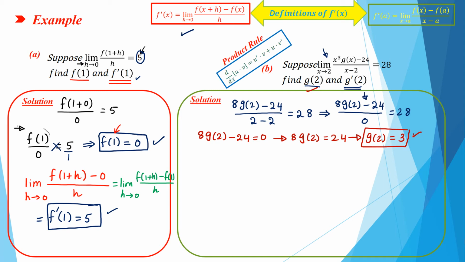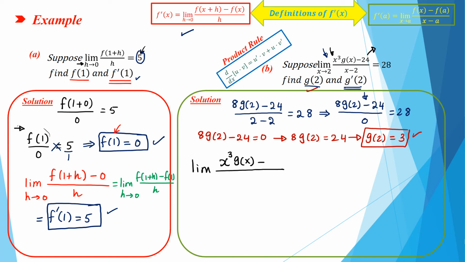How to find g prime of 2? You have to simplify the limit. Now we can rewrite our limit as the limit of x to the third power multiplied by g of x minus 24.